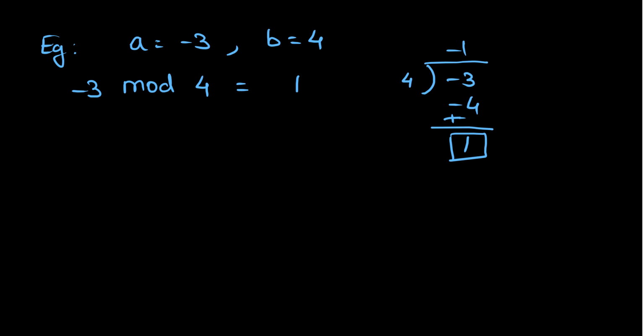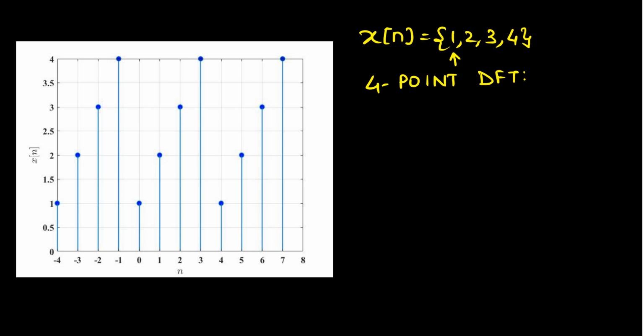So now let us see what is the significance of this factor here in our case. For that, let us consider the signal which we had been considering in the example, that is x of n is equal to 1 2 3 4, which is used for finding out the 4-point DFT, that is the value of N is equal to 4.